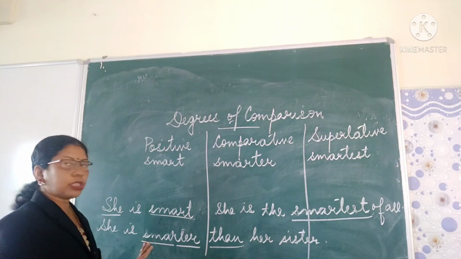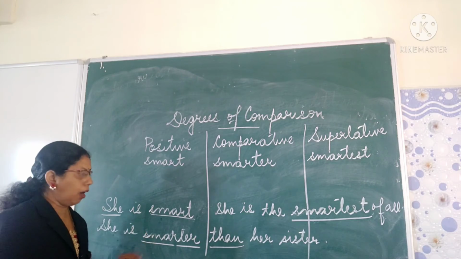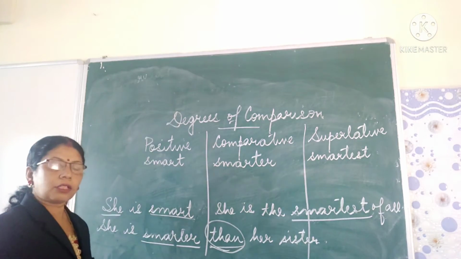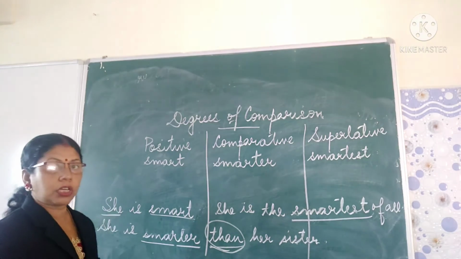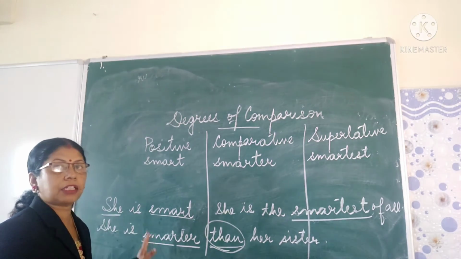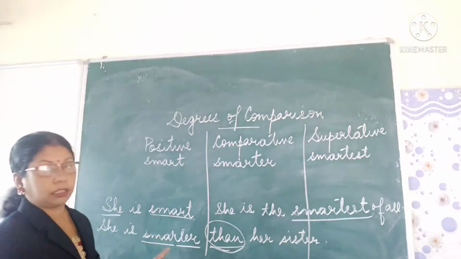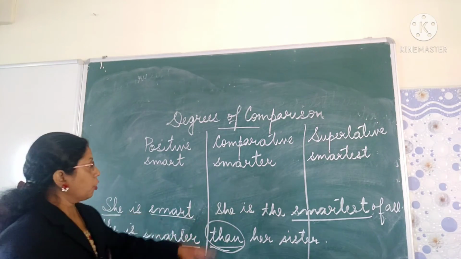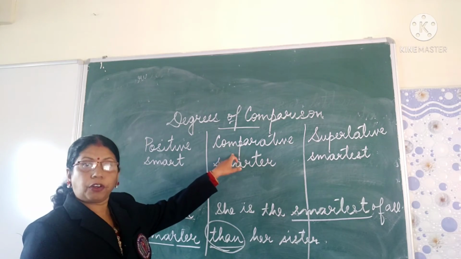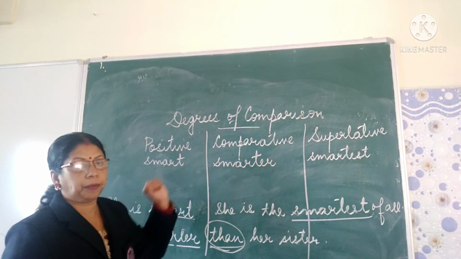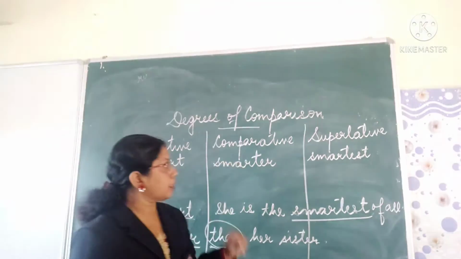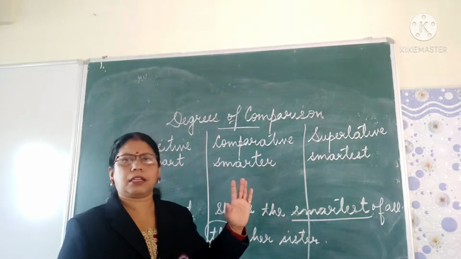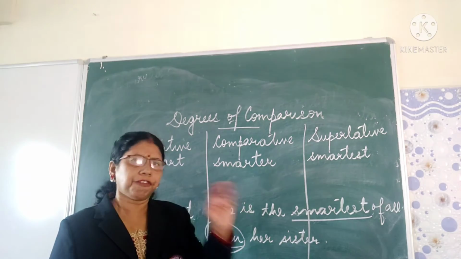Now let us find the clue words to understand this. When I use the comparative degree, I have used a clue word than: smarter than. So than is always used for the comparative degree. For the superlative degree, superlative means the best among all or the worst among all.